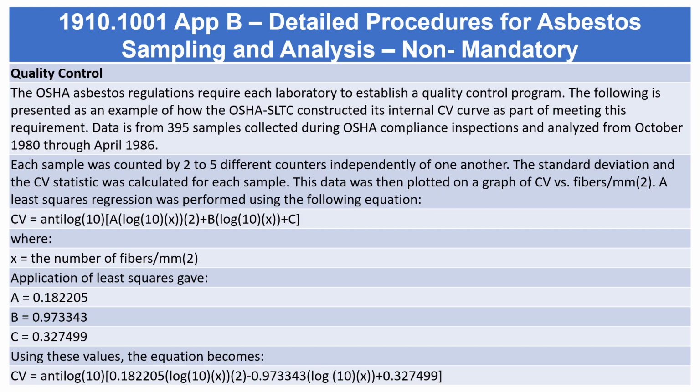Application of least squares gave A equals 0.182205, B equals -0.973343, C equals 0.327499. Using these values, the equation becomes CV equals antilog 10 [0.182205 (log 10 x)^2 - 0.973343 log 10 x + 0.327499].